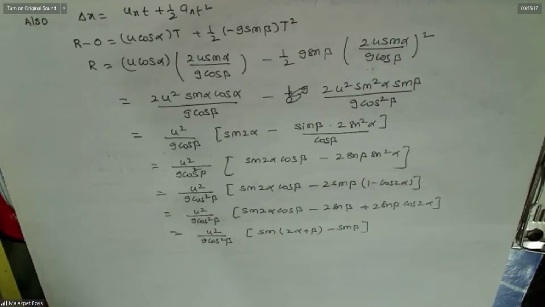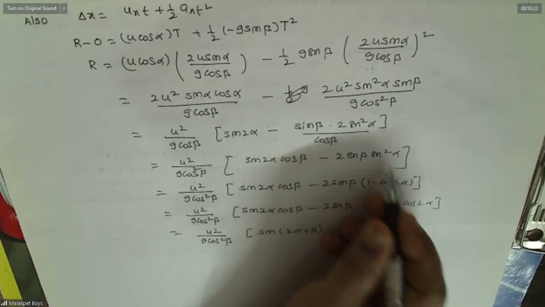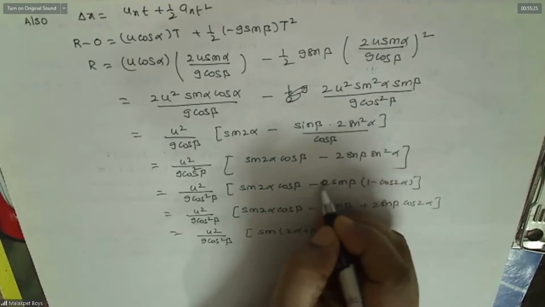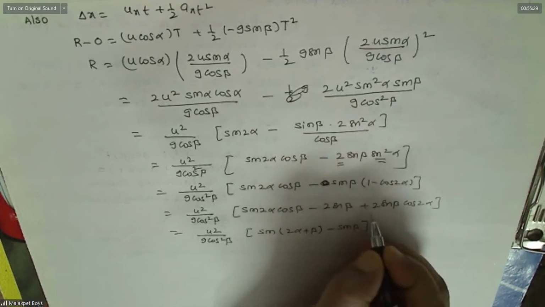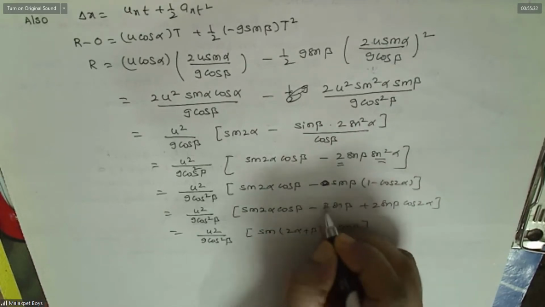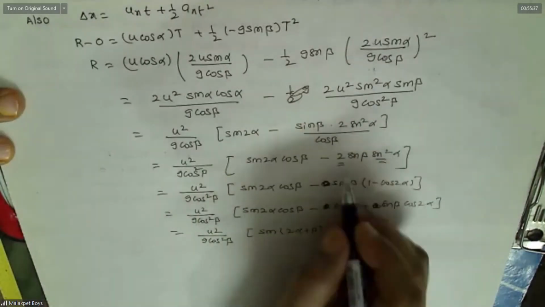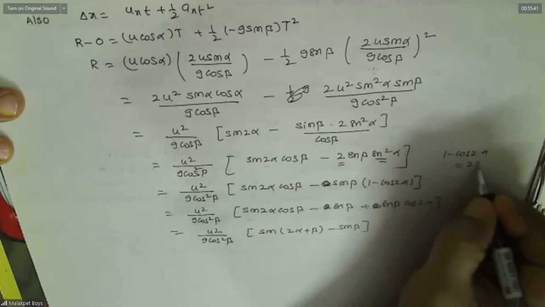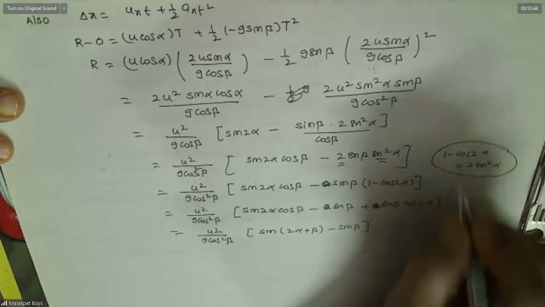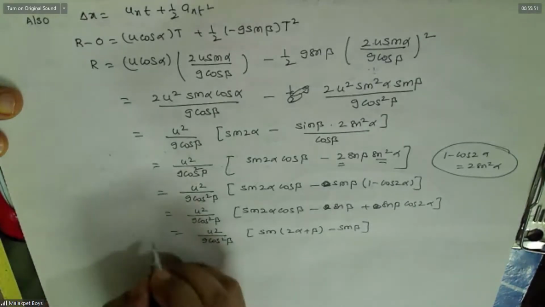Sir, we will get sin 2 alpha cos beta plus cos 2 alpha sin beta, this minus won't be there, I think, no? No, it will be corrected. Yes, sir. Now, that's all. These two together settle, no? Yes, sir. So this is the range.